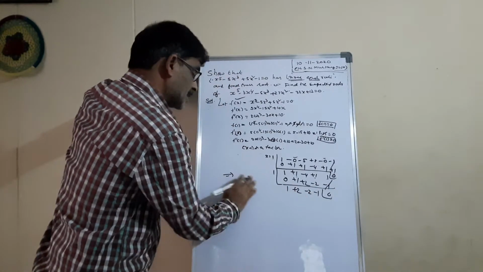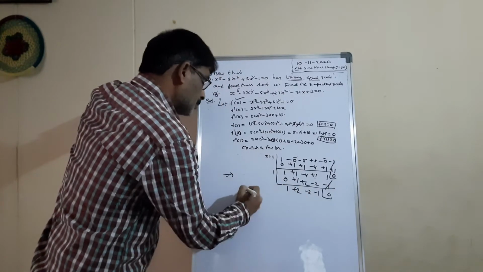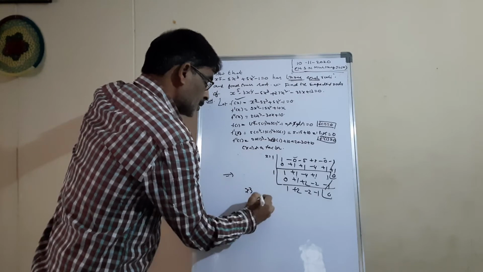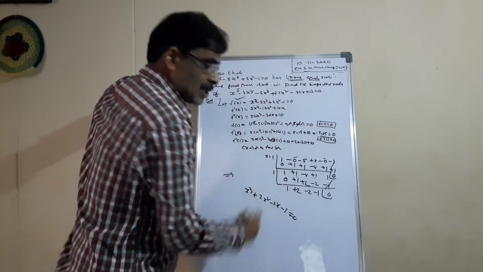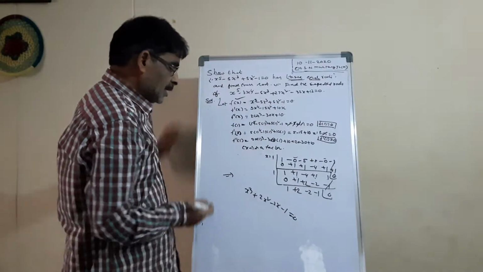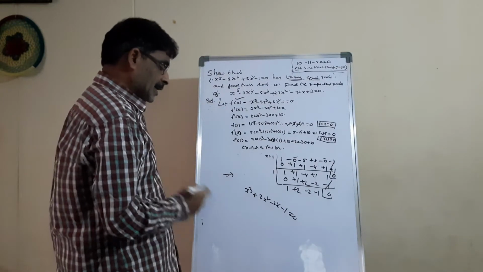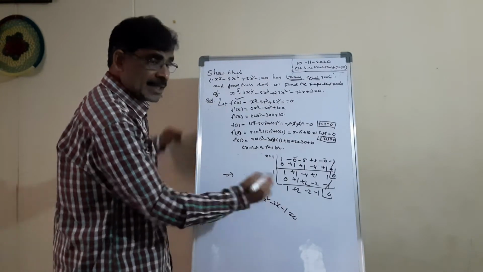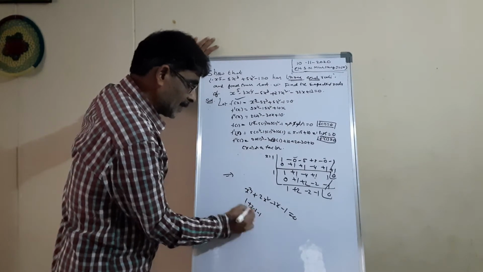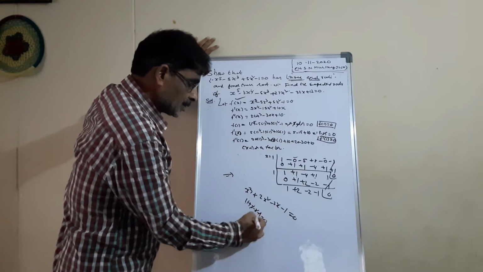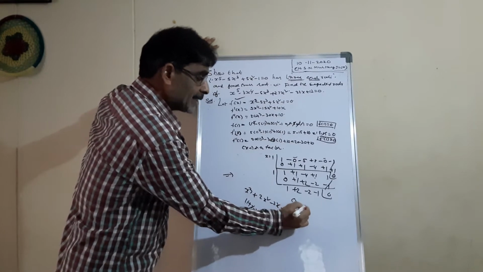The equation is x cube plus 2x square minus 2x minus 1 equal to 0. See, again you observe here the sum of the coefficients in this equation: 1 plus 2 minus 2 minus 1, 0. So x minus 1 is a factor.